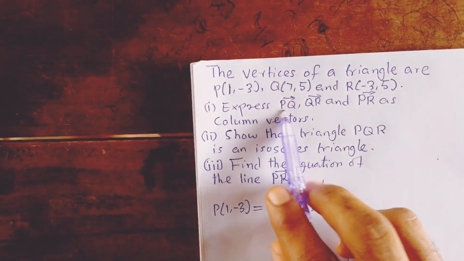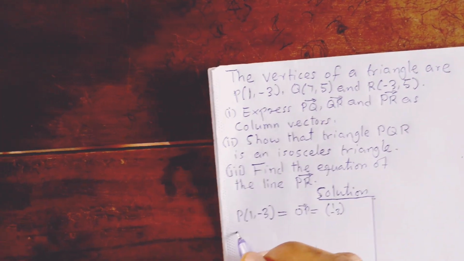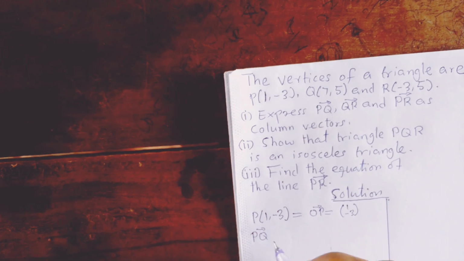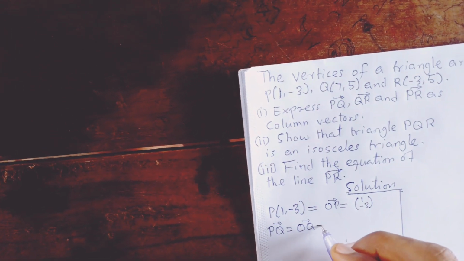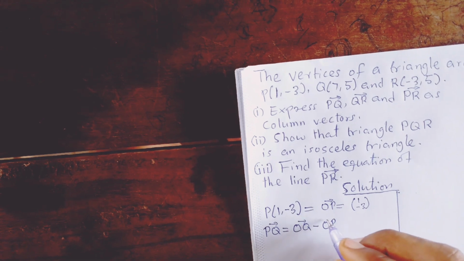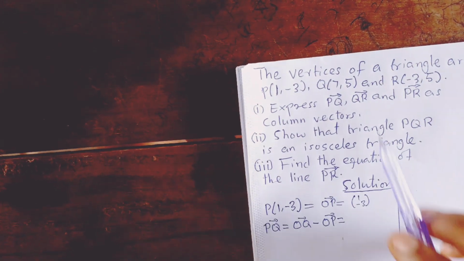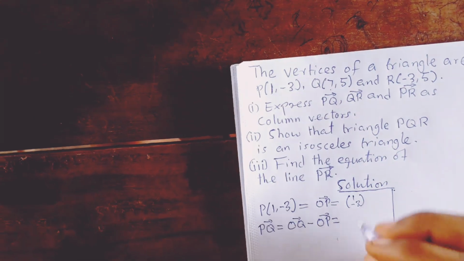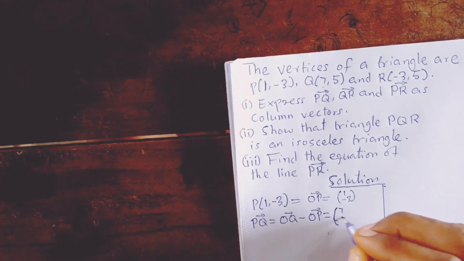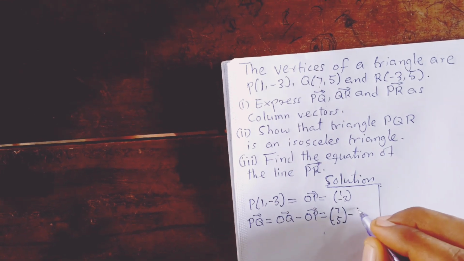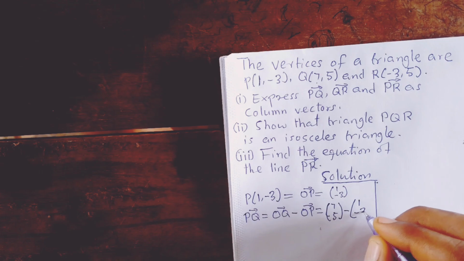Now they say express PQ as a column vector. So vector PQ is equal to OQ minus OP, where OQ is (7, 5), so I'll just write (7, 5) minus OP, which is (1, -3).